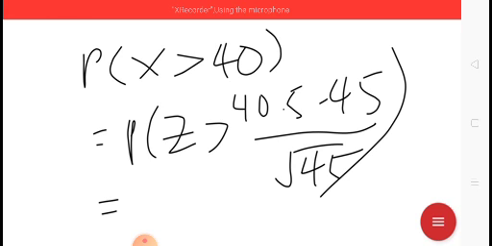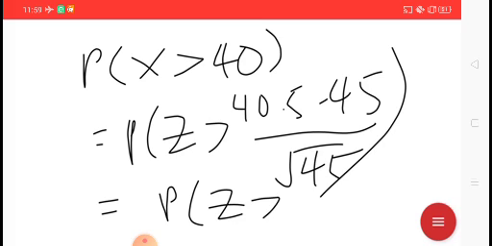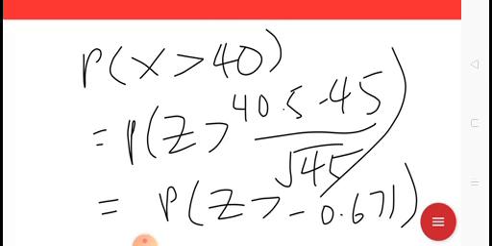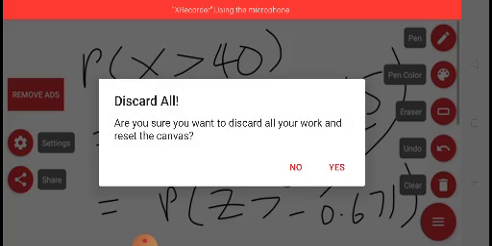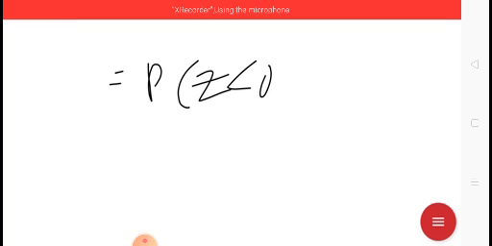Okay, so this is equal to P(Z larger than negative 0.671). Once you have this, you can proceed to calculate. So this is equal to P(Z smaller than 0.671).